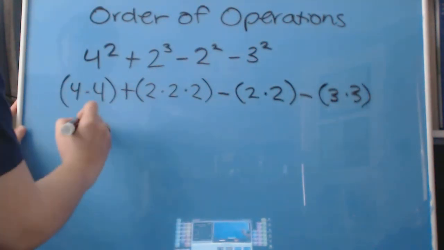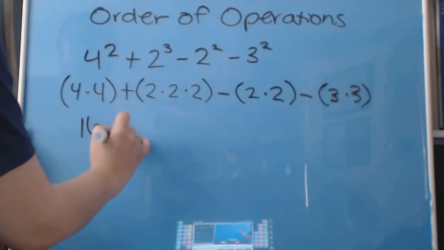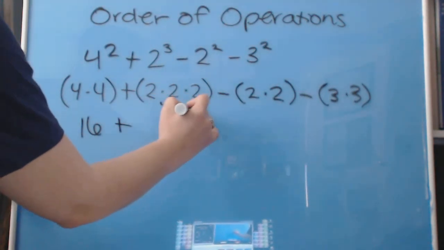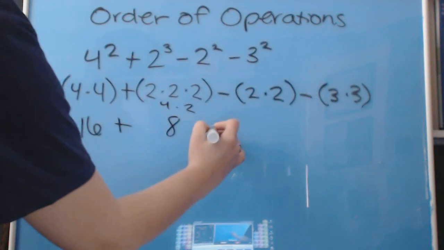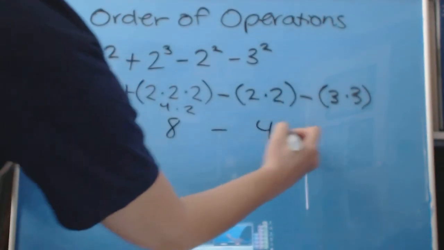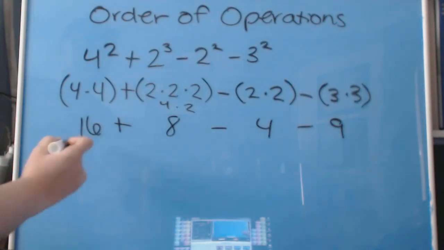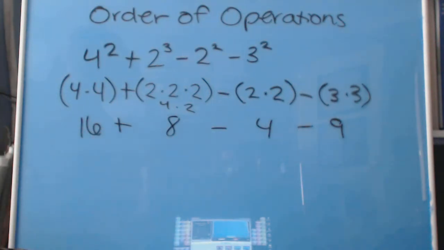So 4 multiplied by 4, we have 16, plus 2 times 2 is 4, multiplied by another 2 is 8, minus 4 minus 9. This is really super easy. 16 plus 8, 24.